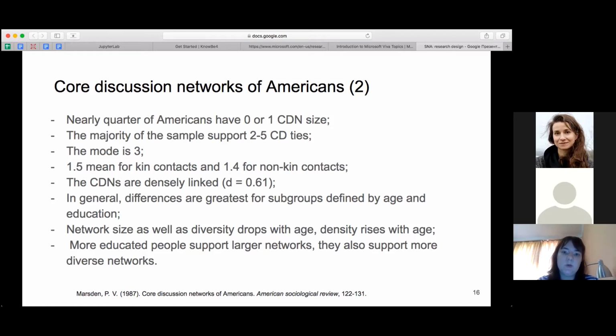So individuals who are older tend to support more kin networks with their relatives; they interact with their kids, grandkids, and spouses, and they usually do not tend to support close relationships with very different people.